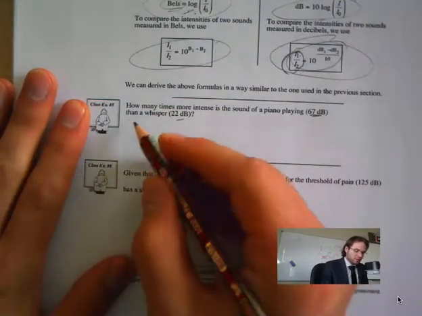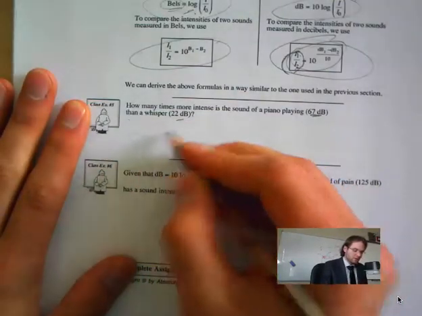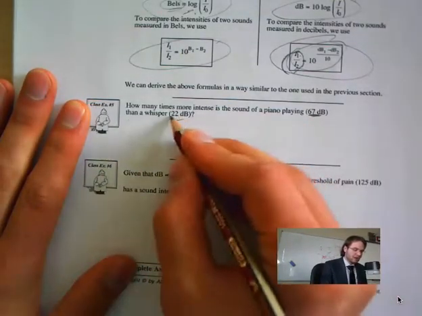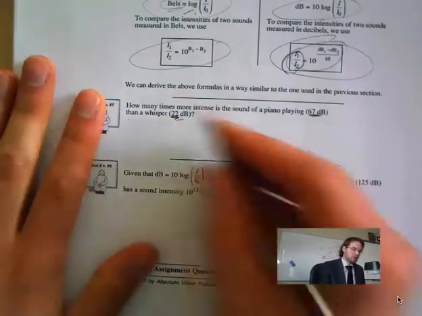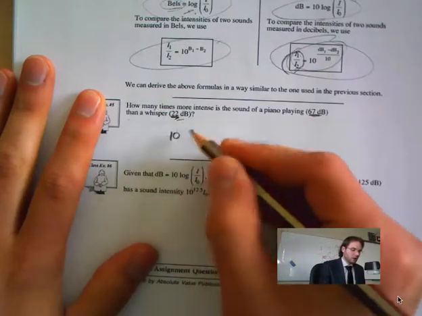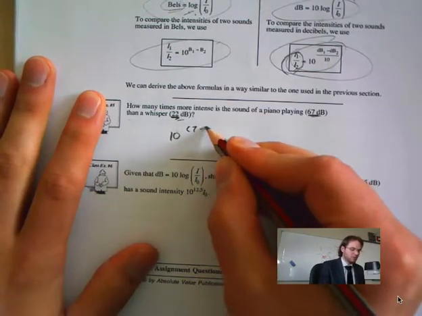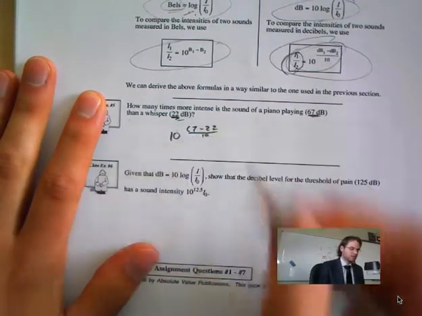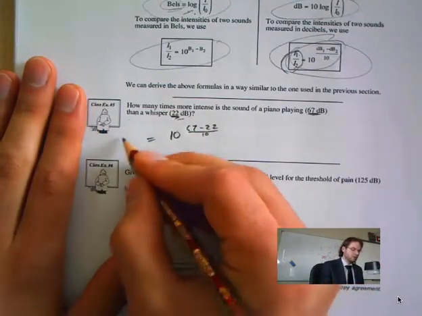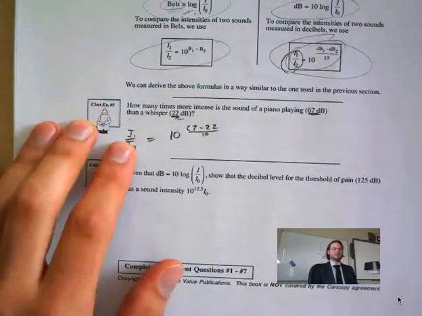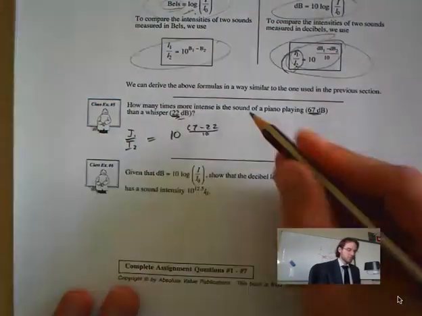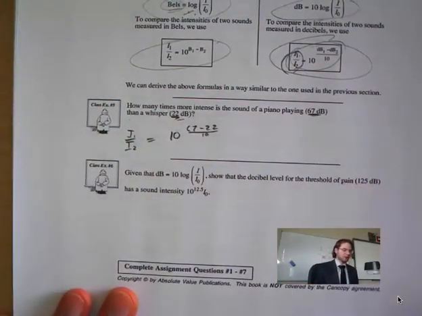So we have to look at this. Let's put everything in our equation here. If I subtract these, it's not going to be perfect. We're going to end up getting 4.5. So we have to go 10 to the power of (67 minus 22) all over 10 is equal to my intensity ratio. Well, we plug that in our calculator.